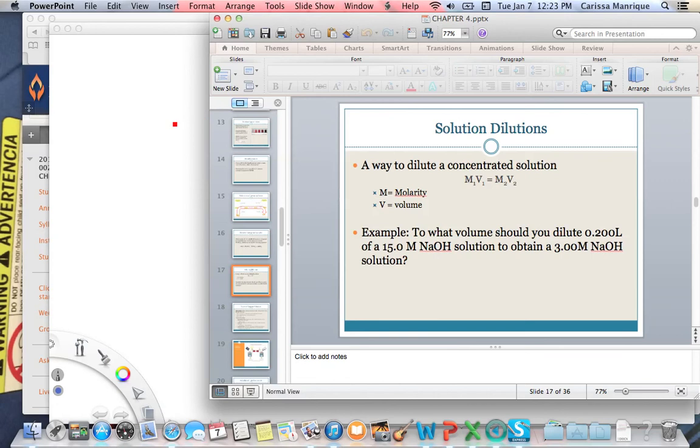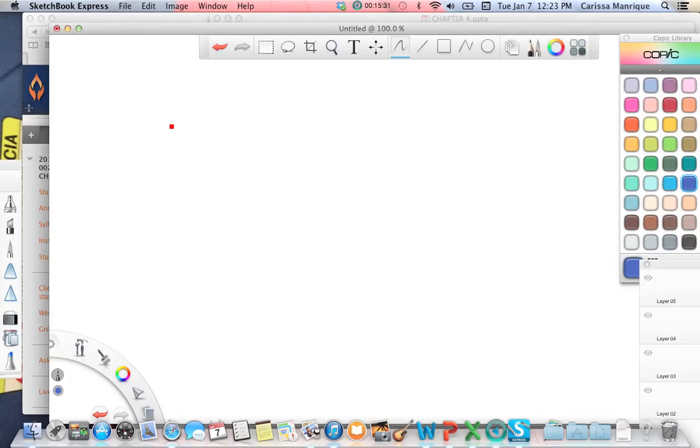Okay, so our formula is M1V1 equals M2V2. Okay, now let's write our numbers down. Let's write down M1V1, M2V2. Let's write down what they are from the problem.